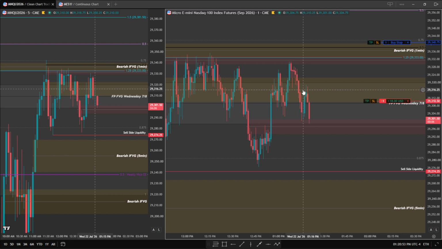Respected this midpoint. That's good. Trading back below this. That's great. I want to see acceleration now.